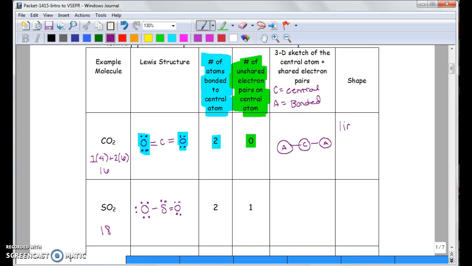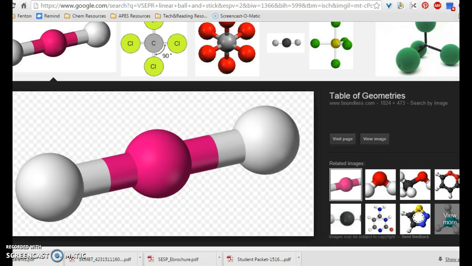This is called linear because all of the atoms are in a line, and you will see the 180-degree bond angle between the two bonded atoms. If you wanted to see what a picture of this would look like, here is an example of a linear structure using the ball and stick model. The ball represents the atom, the stick represents the bond between the atoms.